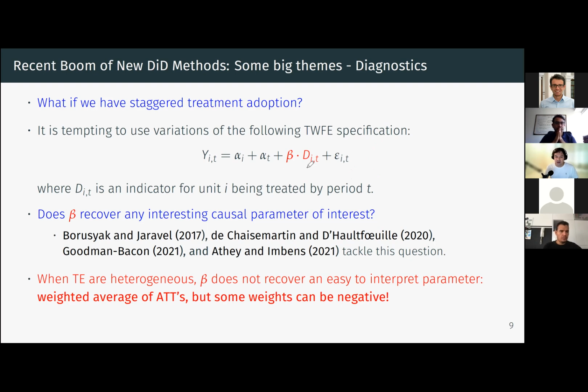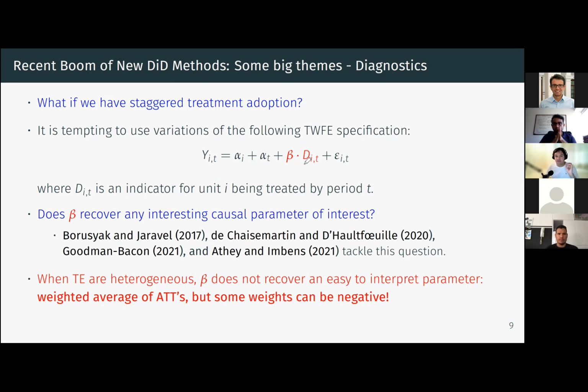And why is this a problem? Because if I have some weights that are negative, in a world where all my ATTs are positive, when I average, some of them are going to have a positive sign in my average. Some of them are going to have a negative sign in my average. So if the negative ones dominate the positive ones, I'm going to have a negative beta, even when treatment effect is good for everybody.